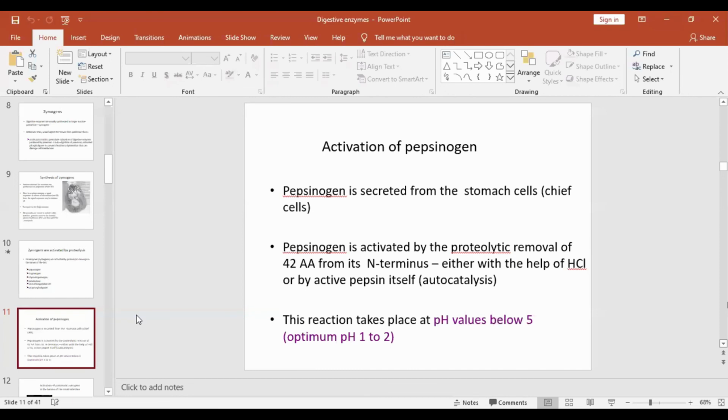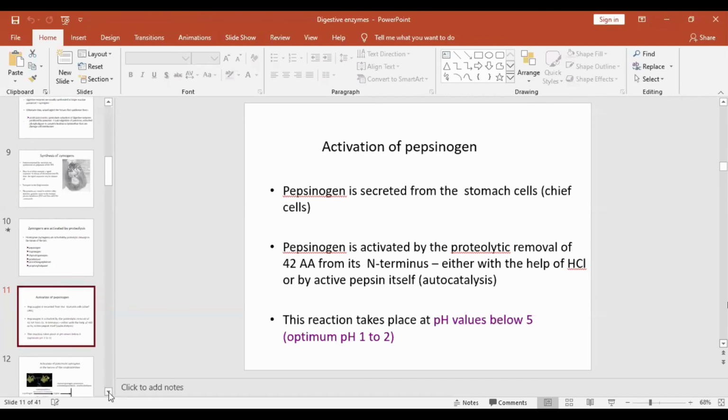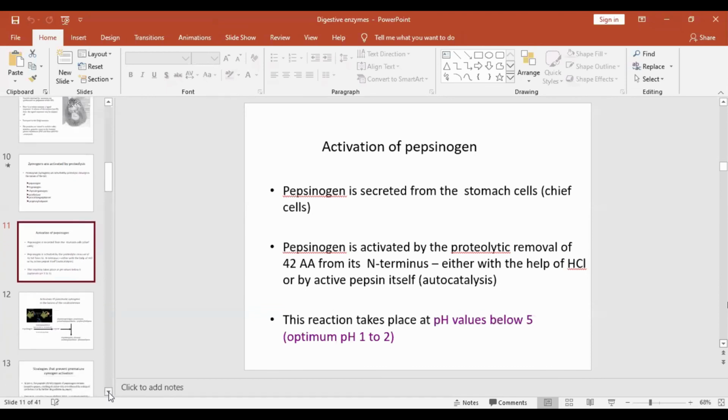But when it comes to the location where it should show its action, it should be cleaved so that the active site gets exposed and the whole enzyme is activated. So pepsinogen, with the help of HCl, undergoes that catalysis. This is autocatalysis, an example of autocatalysis, where they cleave a certain portion to expose the active site of that enzyme.